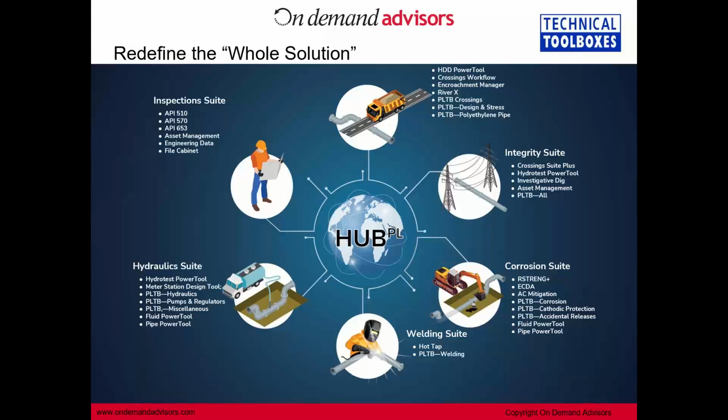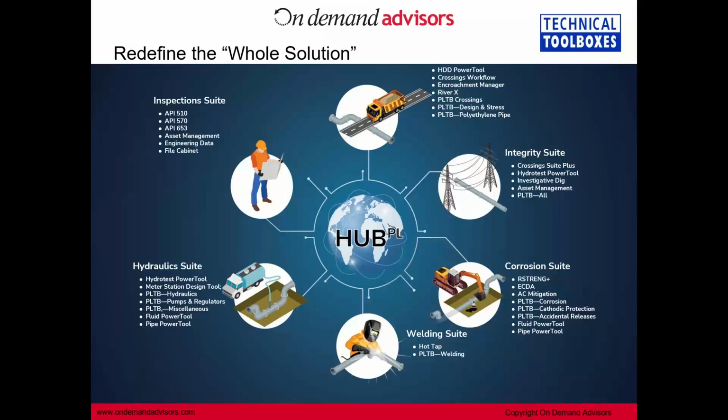For hydraulics, you would have a complete suite that the engineers would use for managing hydraulics in their facilities. For managing corrosion across each of these different sets of pipelines, a Kinder Morgan, for instance, would have 70,000 miles of pipeline. You needed to be able to manage that corrosion and integrity across that entire pipeline.